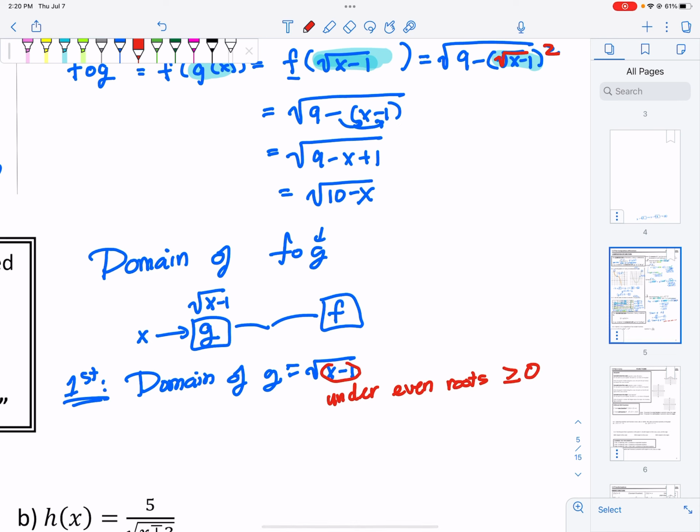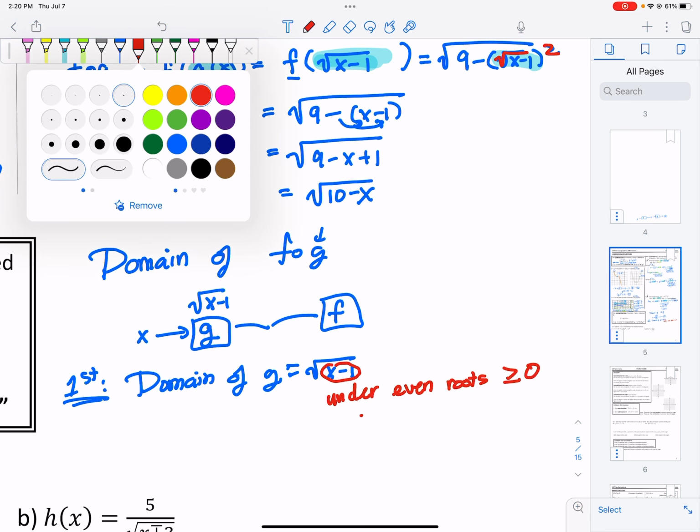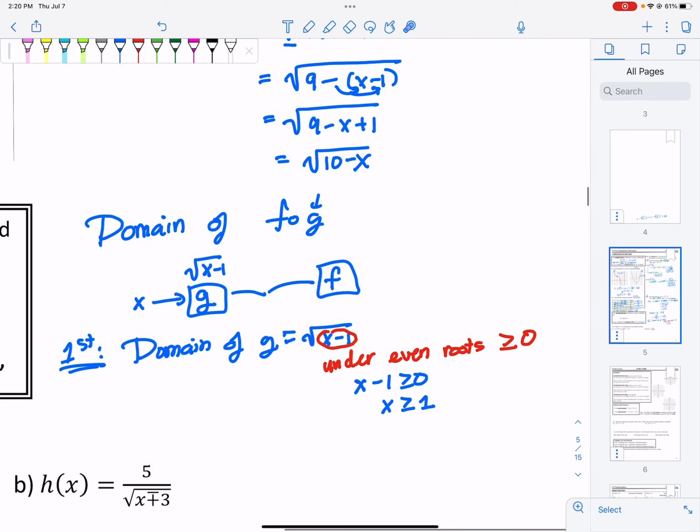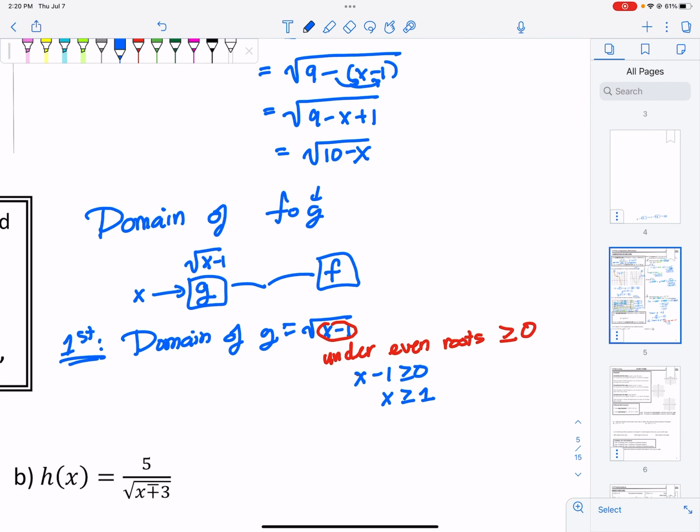So we take what's inside the square root and set that greater than or equal to 0 and solve. So x has to be greater than or equal to 1. So in order to take the first step, the values that we input into g have to be greater than or equal to 1. Then we find the domain of the composite function, the resulting function.